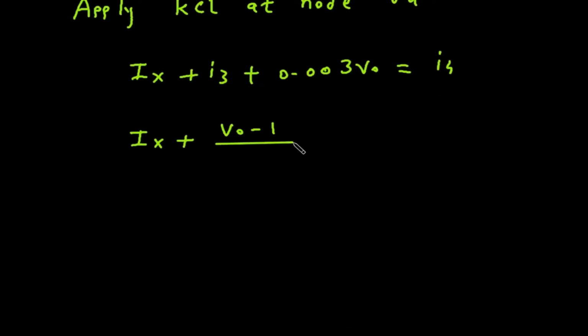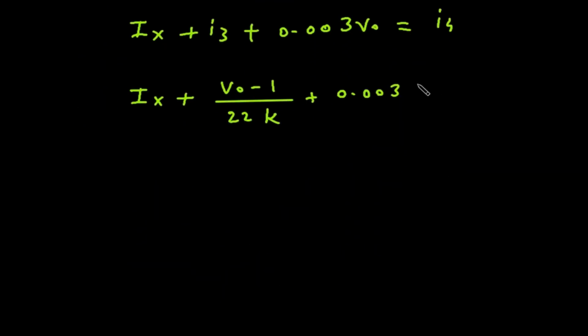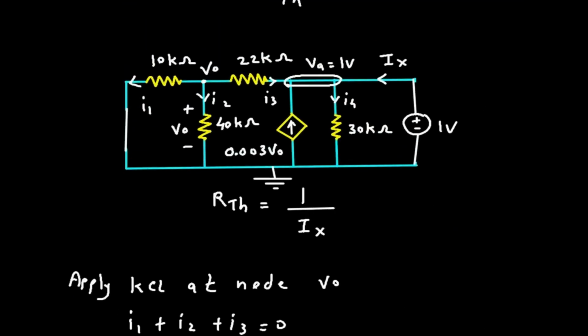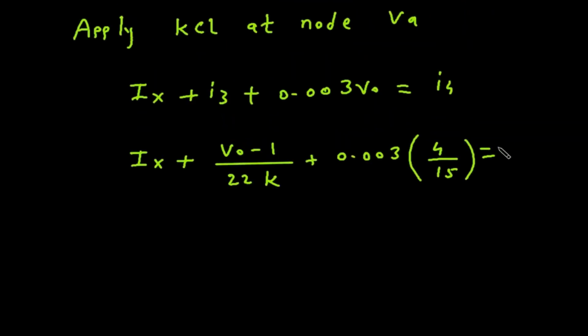VO minus 1 by 22K plus 0.003 VO is 4 by 15, is equal to I4. Now I4 is 1 minus 0 by 30,000.